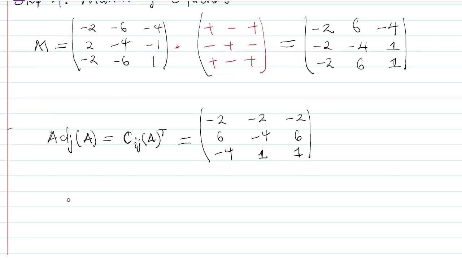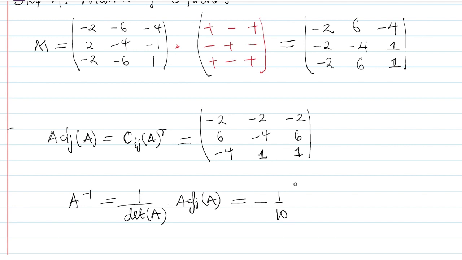And finally, to find the inverse, we say 1 divided by the determinant of A, multiplied by the adjoint of A. And remember, the determinant is -10, so we have 1 over -10 multiplied by the adjoint. So we have that.